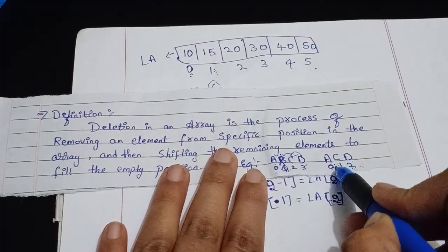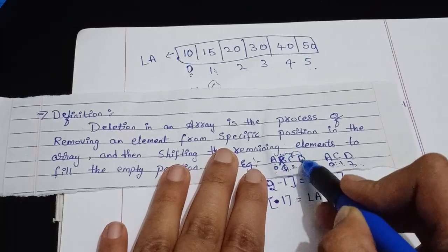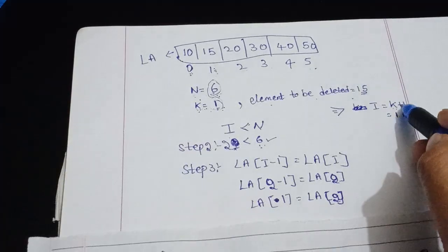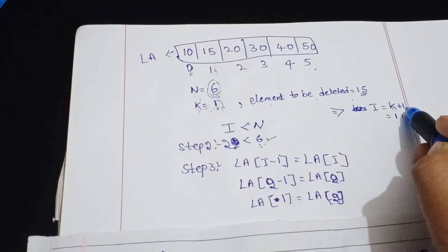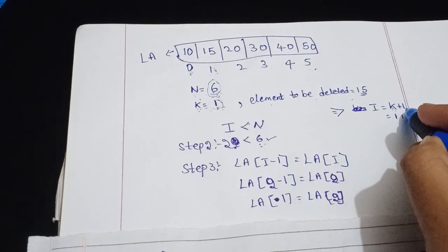We have deleted B and then I'm shifting C and D. So this shifting is happening. Because of the shifting, I'm just adding 1. Wherever the position I'm deleting, after deleting it, I'm shifting that element. So only I added plus 1 there.